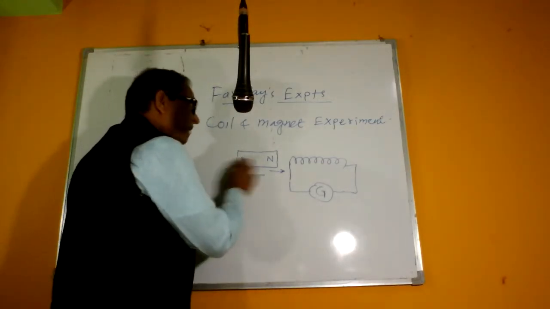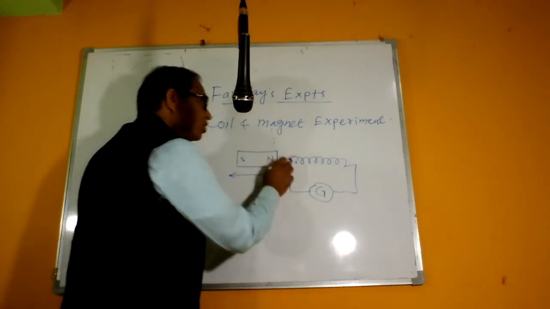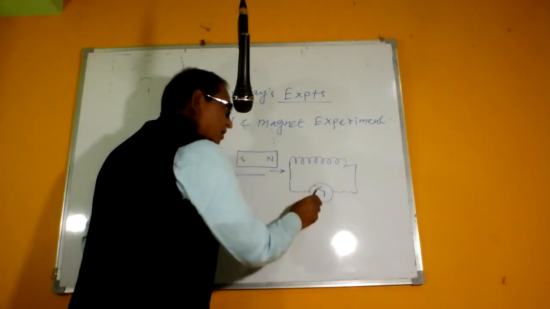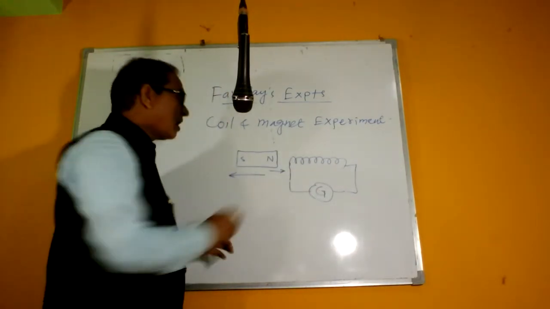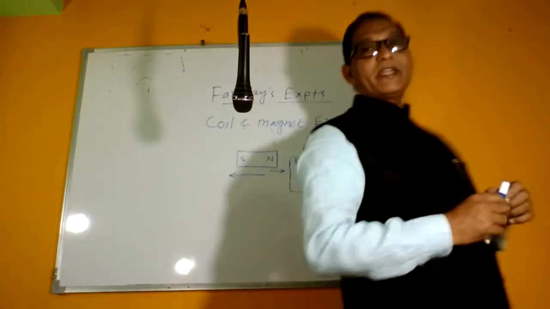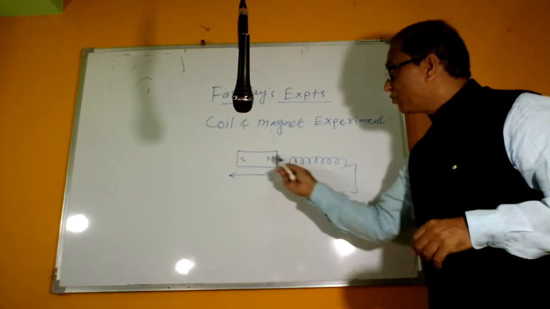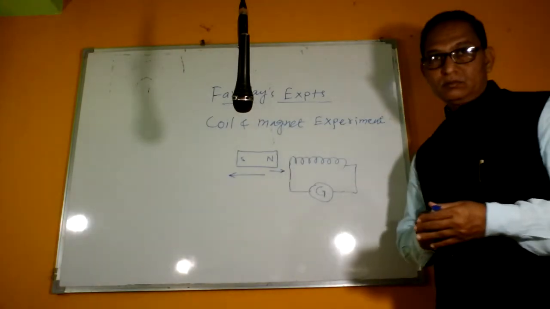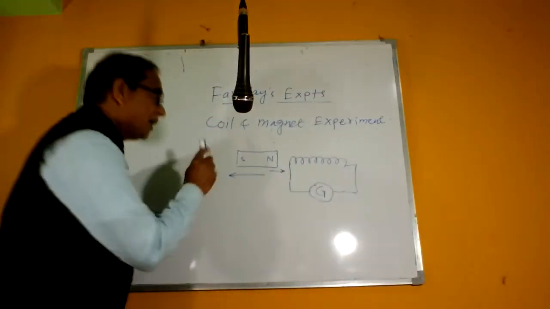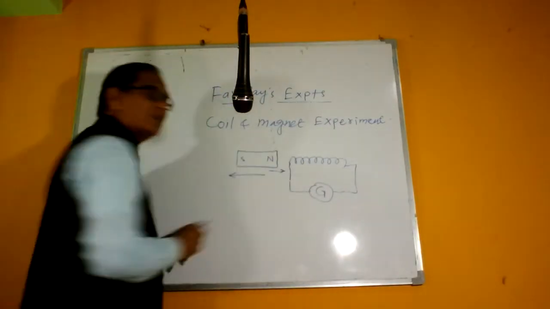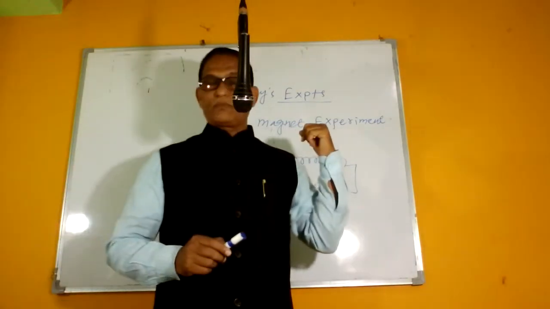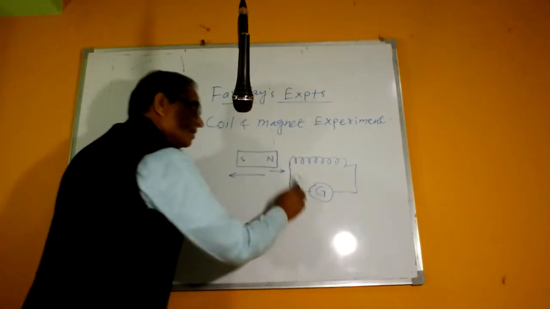Now if we move this magnet with its north pole facing towards the coil, the galvanometer shows deflection, and this coil will act as a dipole, showing its face towards the magnet as an N pole, so that the induced EMF and induced current are set up in the coil.